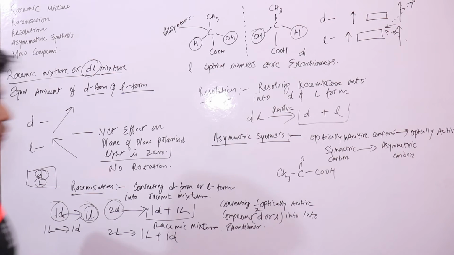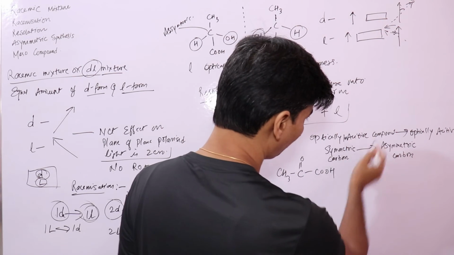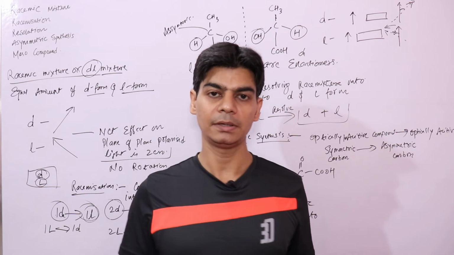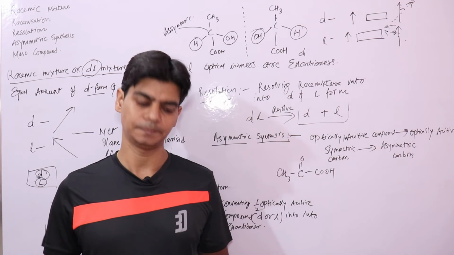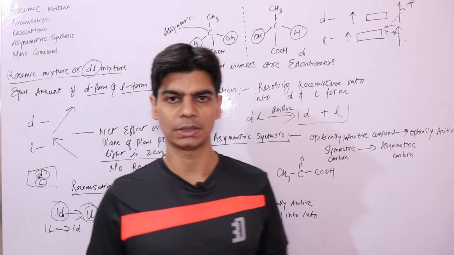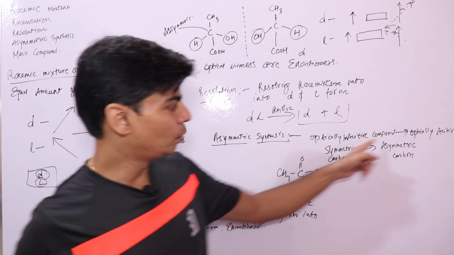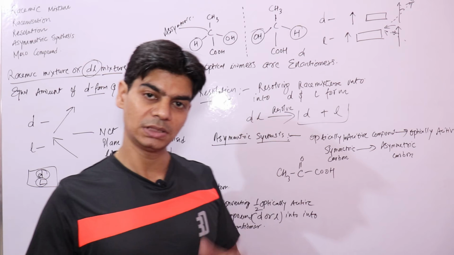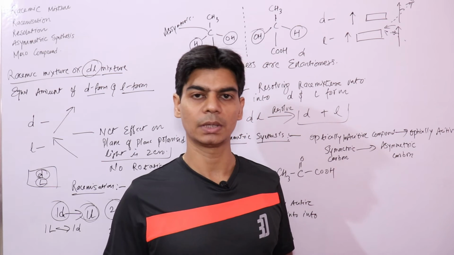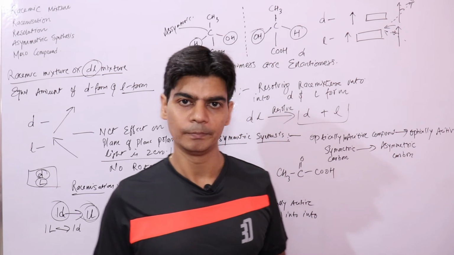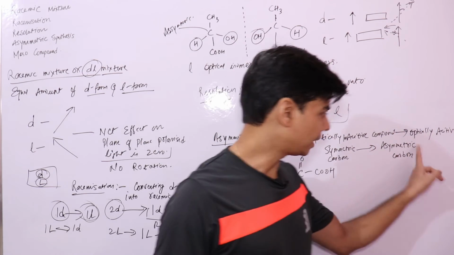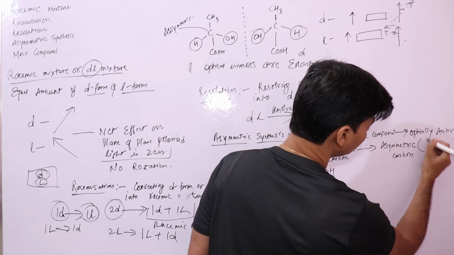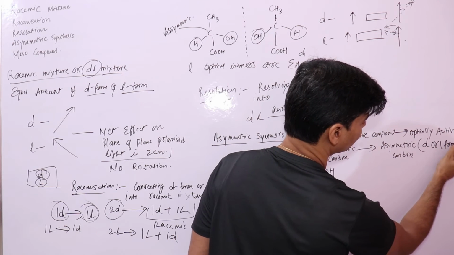And one thing, whenever you try to convert an optically inactive compound into an optically active compound, generally what you will get is a racemic mixture, because when you make an optically active compound from an optically inactive compound, the chances of getting a D isomer and an L isomer are equal, because the optically active compound will either be a D form or an L form, right?